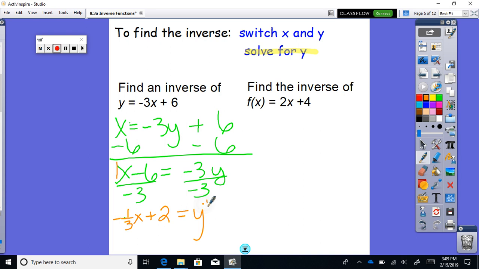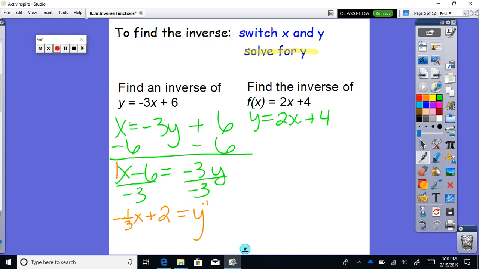And this would be like y to the -1 power. This is the inverse function. So that's my inverse. Switch x and y, remember that f of x is the same thing as y.